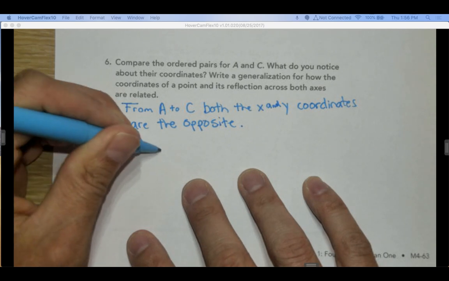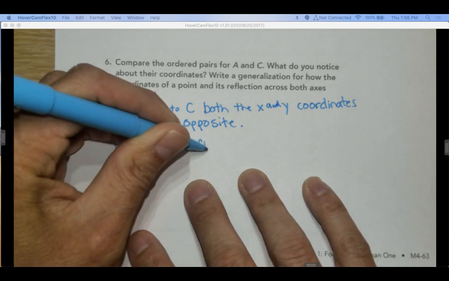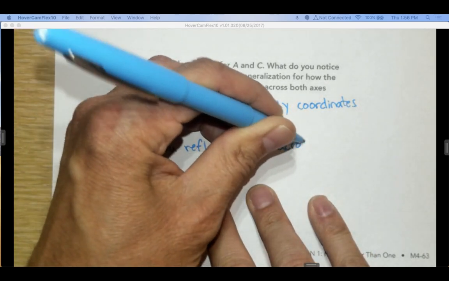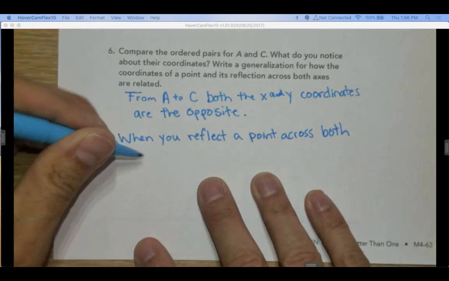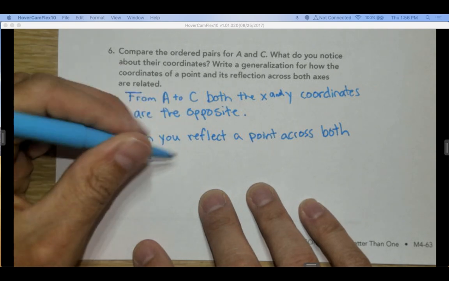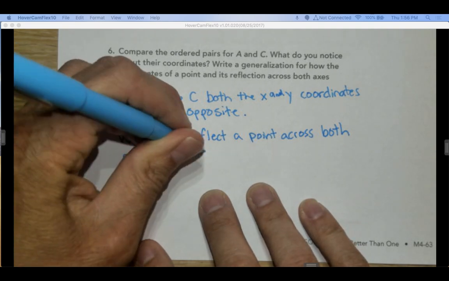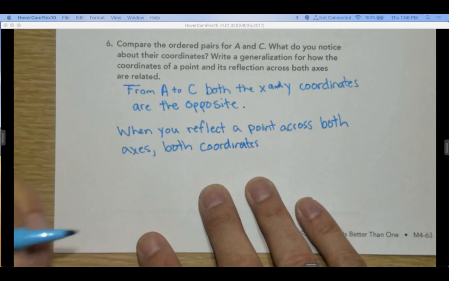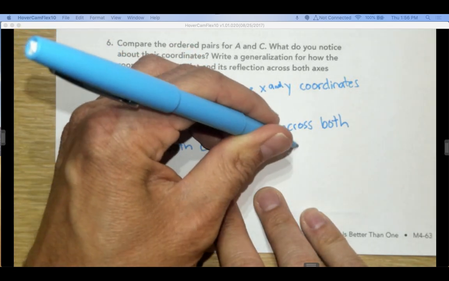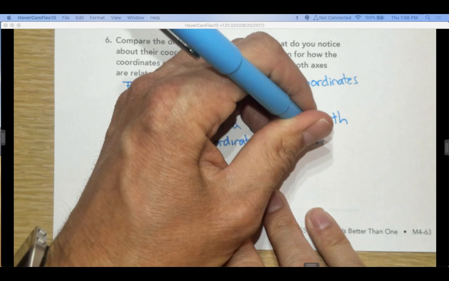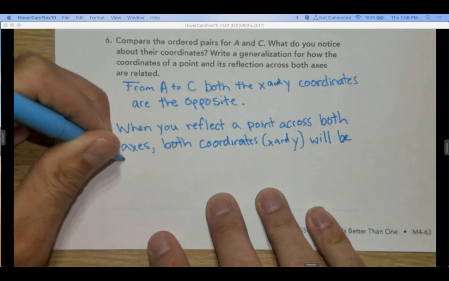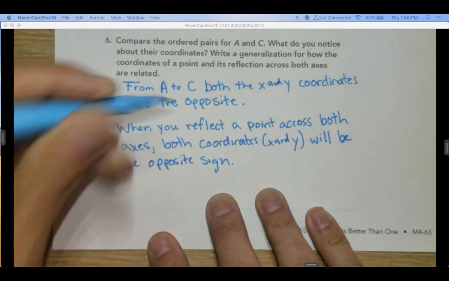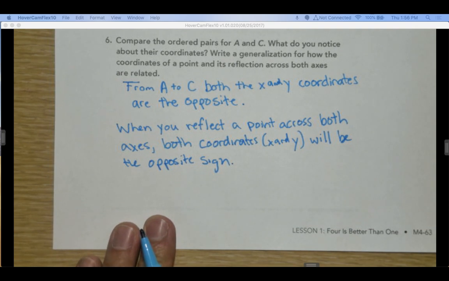When you reflect a point across both axes, both coordinates, x and y, will be the opposite sign, from a positive to a negative or a negative to a positive.